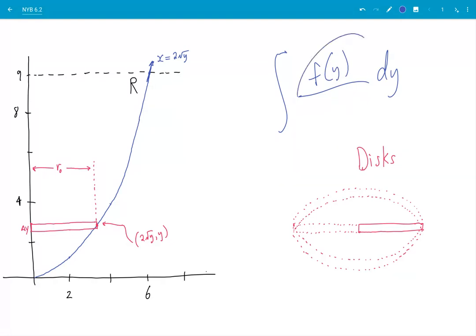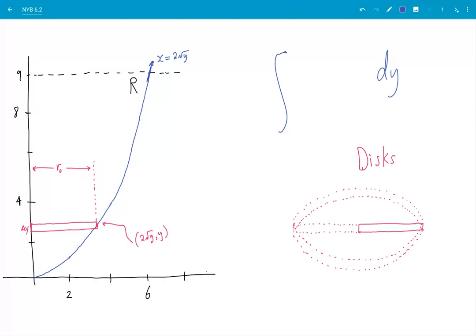I don't want any x's in here, because that's a delta y. So I take this point here, and I make sure to write it only in terms of y. My x value is replaced with 2 root y.